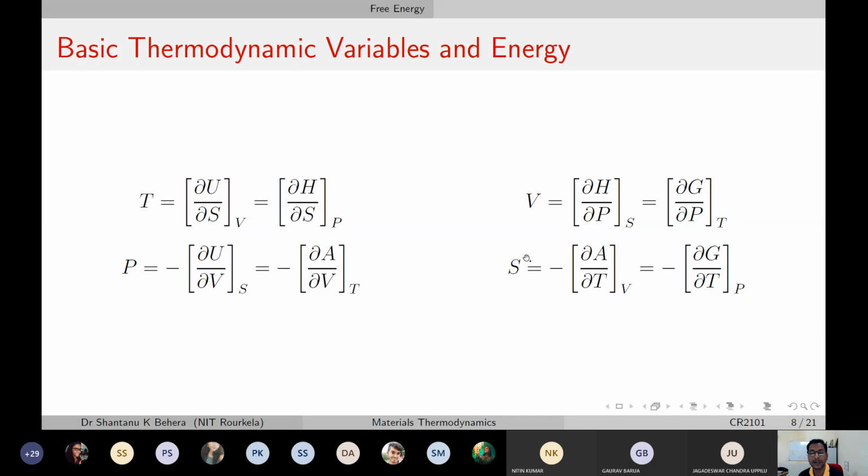Because volume and entropy are things which you can measure very easily. A little difficult to measure is entropy, but that can still be done with the measurement of specific heat from different experiments. So S also is kind of easy to compute.